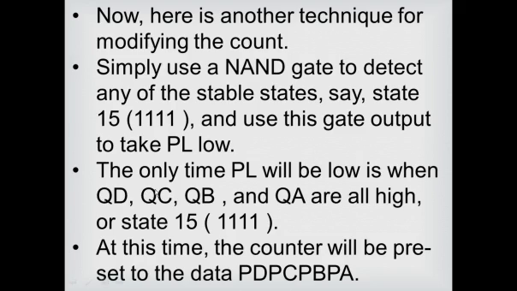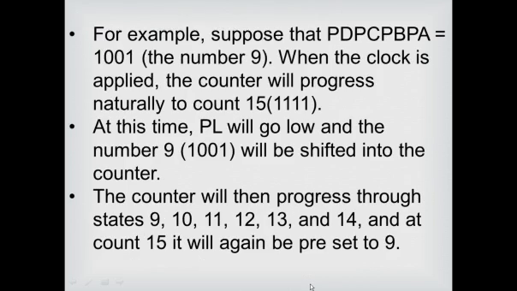The only time PL will be low is when QD, QC, QB and QA are all high, that is state 15, 1, 1, 1, 1. At this time, the counter will be preset to the data presented at PD, PC, PB and PA. For example, suppose that PD, PC, PB and PA are the state 9, 1001. The number 9 is presented at the data inputs.